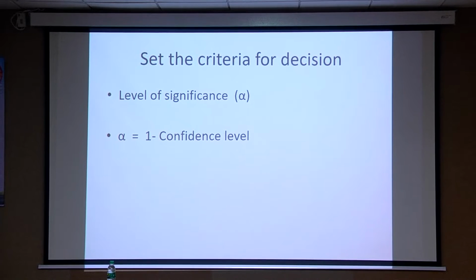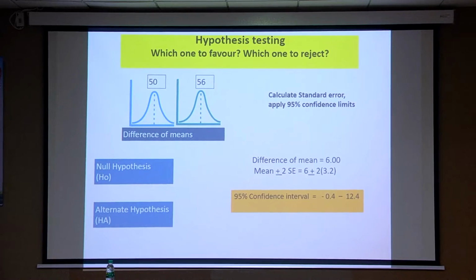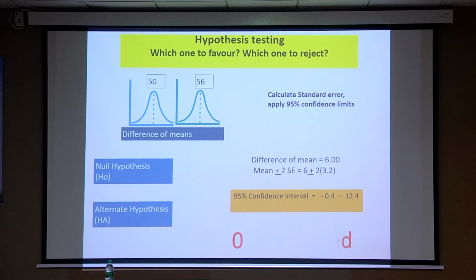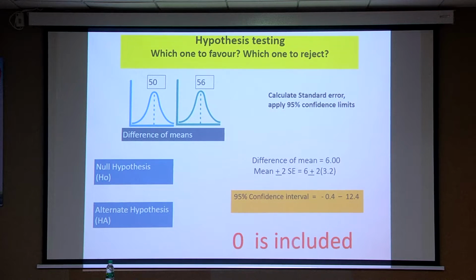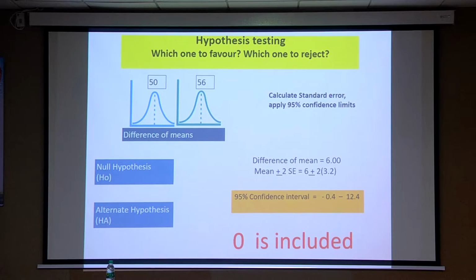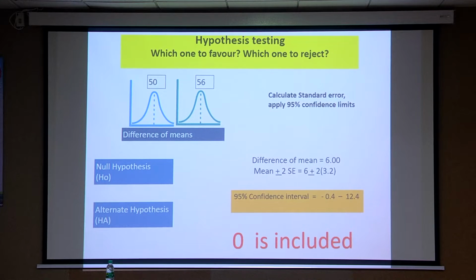From the above 2 group study, which hypothesis to favor and which one to reject? We got a difference between the 2 groups: 56 minus 50, a difference of 6. Now calculate the standard error and apply the 95% confidence limits.